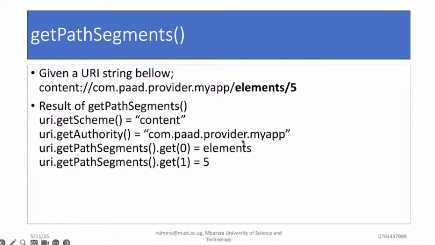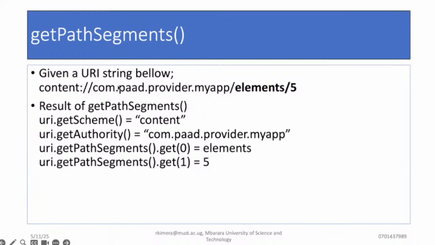Or you might want to check whether you're retrieving all elements. Usually this is the table name for where data is being retrieved, and this is usually the value for a specific record that is being retrieved. So this helps to break down the whole content URI to access the different sections of the URI.